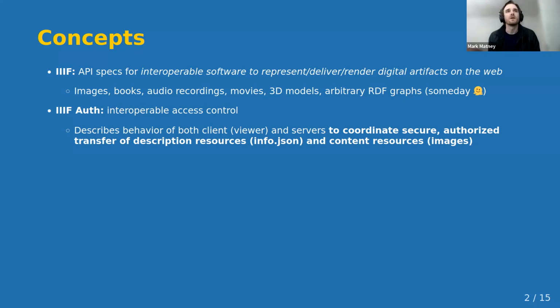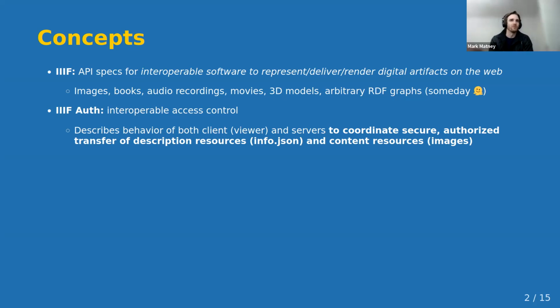And IIIF authentication adds interoperable access control on top of that. And it's sort of like, again, very glossing over a lot of details, describes how a IIIF client or viewer and IIIF servers should coordinate secure, authorized transfer of description resources.